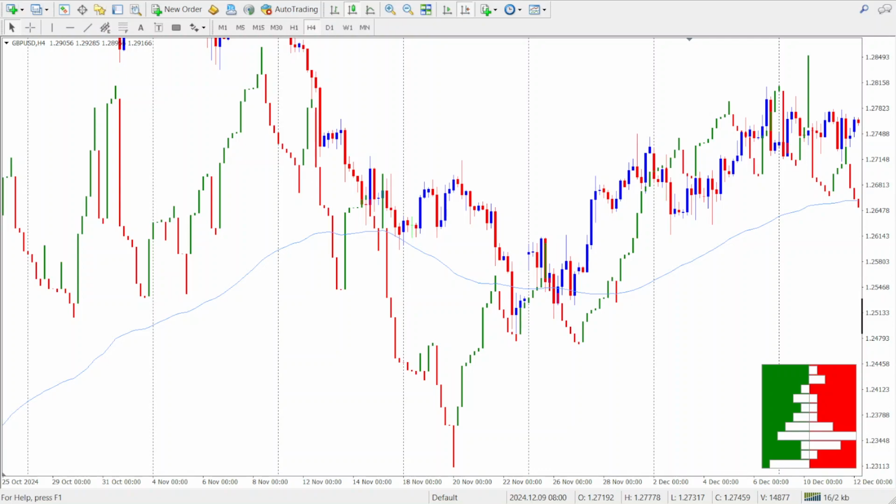So why are line break charts effective? One of the main reasons they work so well is because they eliminate the noise that often confuses traders using traditional charts. On candlestick charts, a lot of small movements can give you false signals, causing you to enter and exit positions too early. But with line break charts, the chart doesn't react to small price swings.